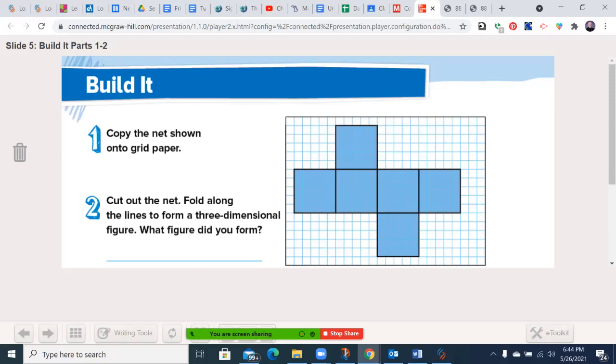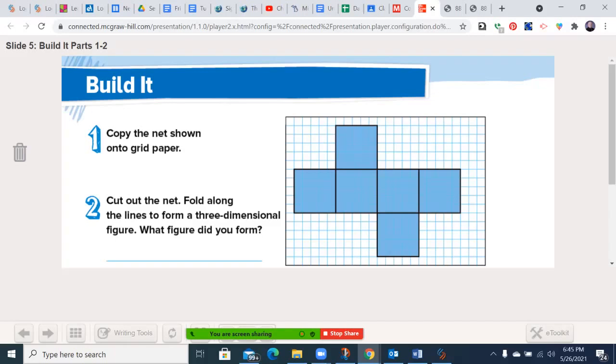A cube is a three-dimensional figure with six faces, and each of these, when you put together, is a face. If you're holding up a box, a Kleenex box, each of the sides is what we call a face, that are congruent squares. So each of these are exactly the same. A rectangular prism is a three-dimensional figure with six rectangular faces.